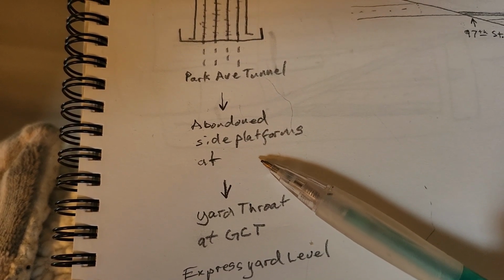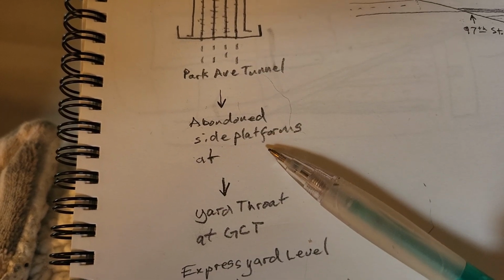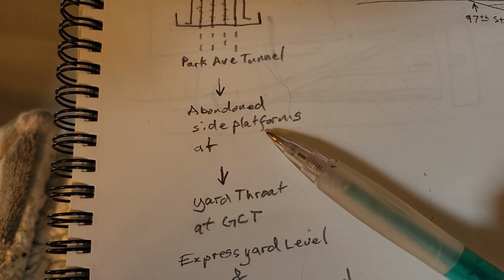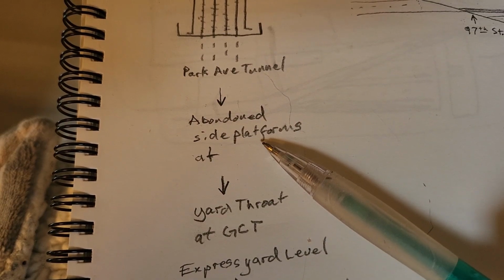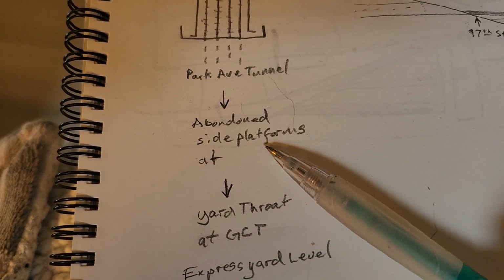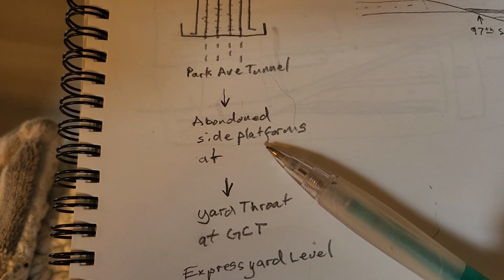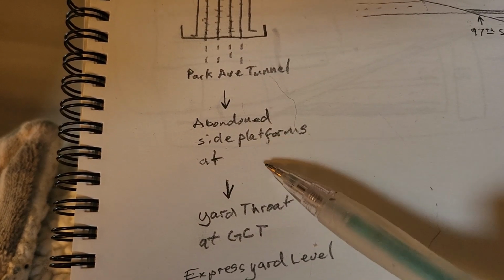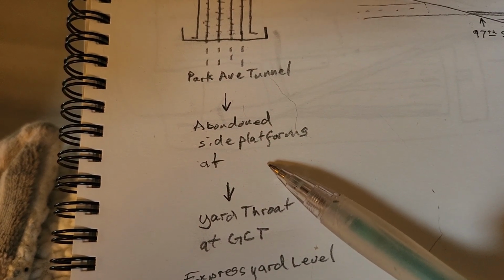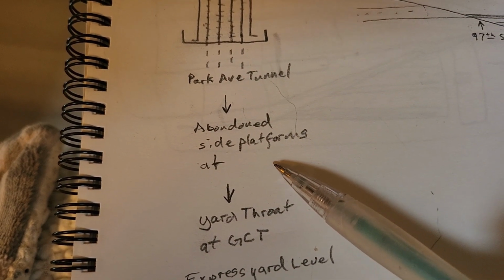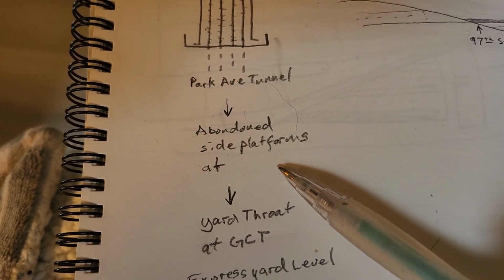It's an interesting place. And it's actually in line with a subway station that's on Lexington Avenue in Manhattan. Not far from the terminal, really. It's right at the edge of the Park Avenue tunnel.